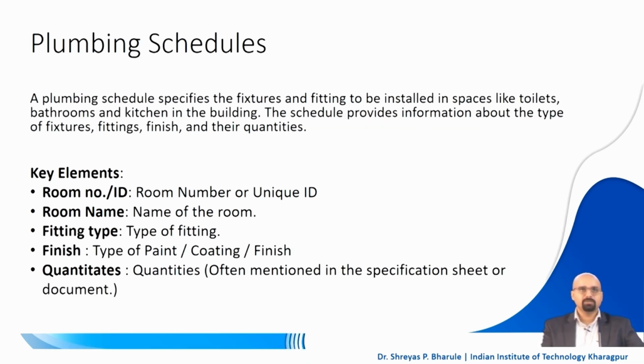So in plumbing schedule you have all the fittings which are to be used in the wet areas like your toilets, your bathroom, your kitchen, your drying balcony and places such as that, right. So here what all things will you have? You will have the type of fixtures which will be there, type of fittings that will be used, the finish of those fittings and the number of components that you will use, say that quantities will be listed out.